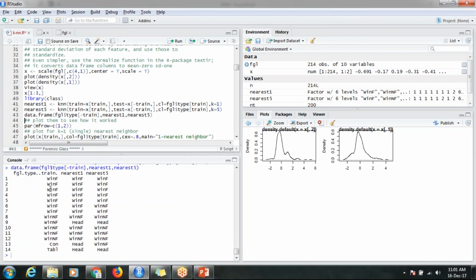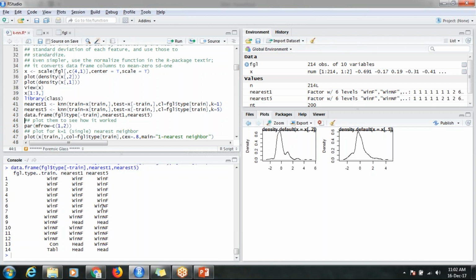See, in the initial or original data set, these were labeled as WinF, WinF, WinF. So in nearest neighbor 1, it is correctly classified. All of the first 7 are correctly classified, but in nearest neighbor 5, sorry, this particular one is incorrectly classified as WinNF.